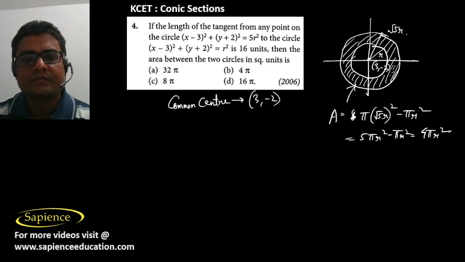Then here it is told that the length of the tangent from any point on this circle to the circle is 16 units.